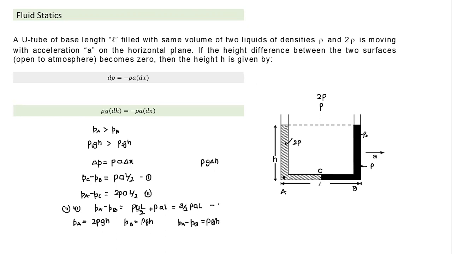The first equation I arrived at was based on calculating pressure difference in the horizontal direction. This I have calculated in the vertical direction. Whichever we calculate, both have to be equal. So rho GH has to be equal to 3 by 2 rho AL. If I have to find what acceleration I must give so that both have equal column height, this is the equation. So this equation we arrive at.